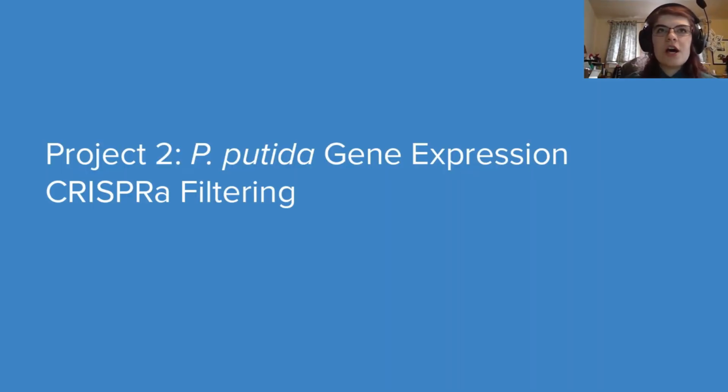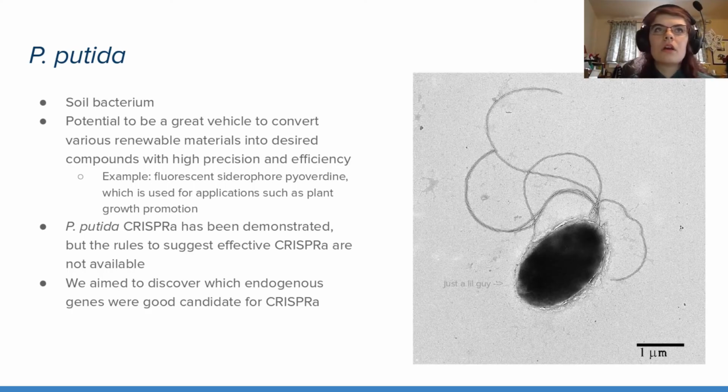Okay, so I'm going to start talking about project 2, which is putida gene expression CRISPRa filtering. So putida is this cool little soil bacterium, and it has the potential to be a great vehicle for creating various renewable materials.